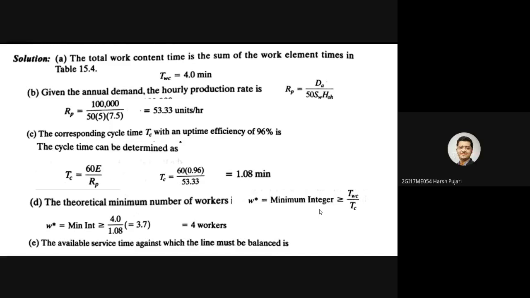Yes, for that we are using that 1.08 minute, which was derived by using 96% efficiency. It is the uptime efficiency given in the problem statement. If not given, you take it as 100%. But if it is given, then you will have to take what it is. Okay, ma'am.